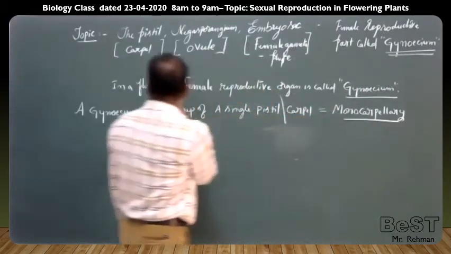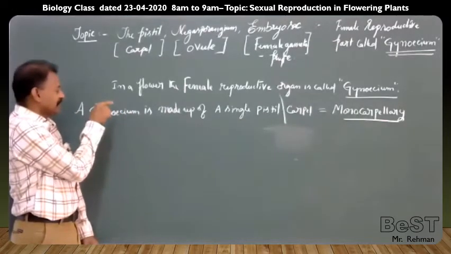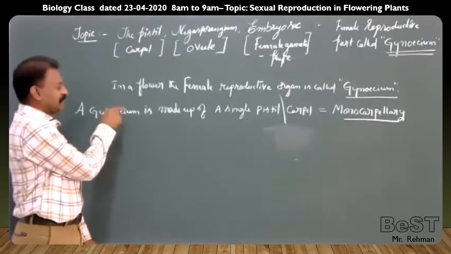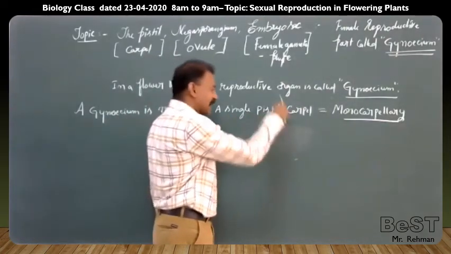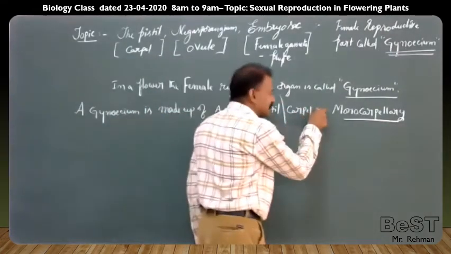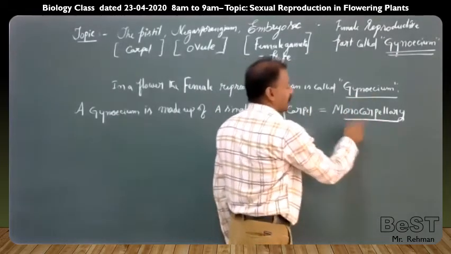If a flower has a gynoecium and that gynoecium is made up of a single pistil or carpel, such a gynoecium is called monocarpellary gynoecium.